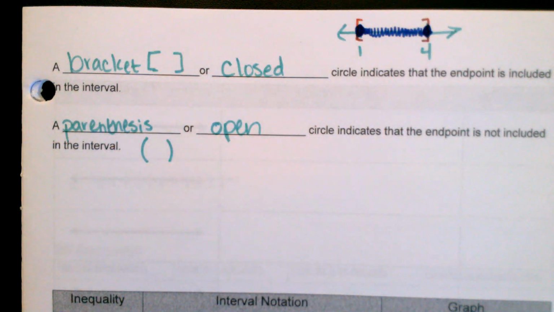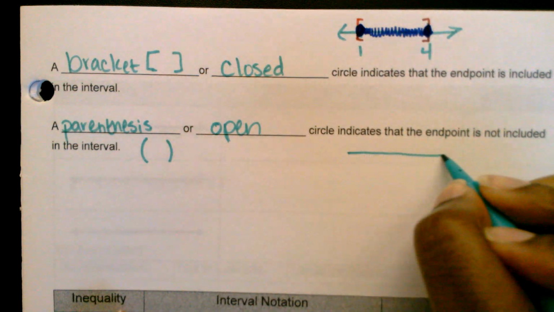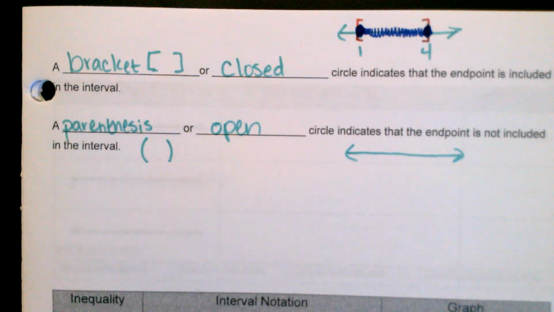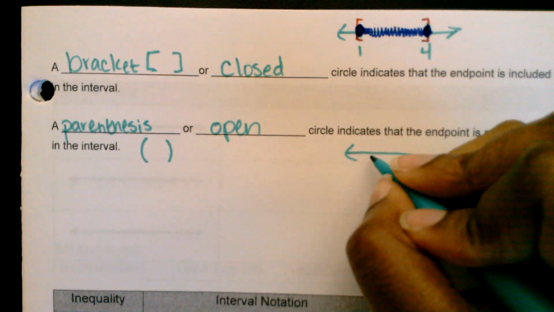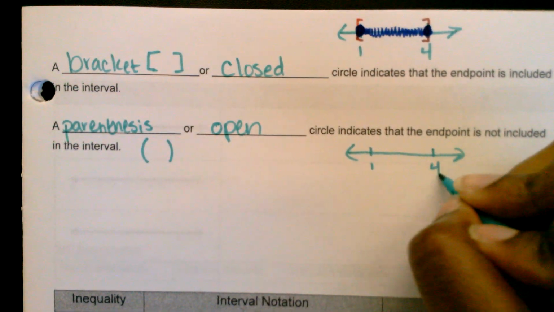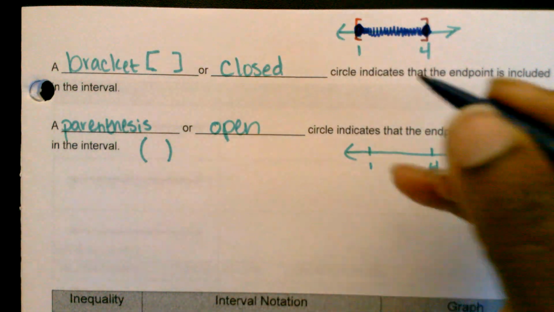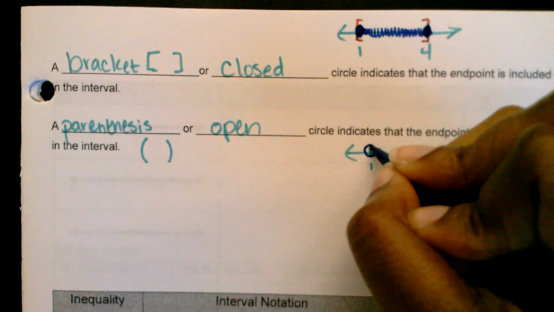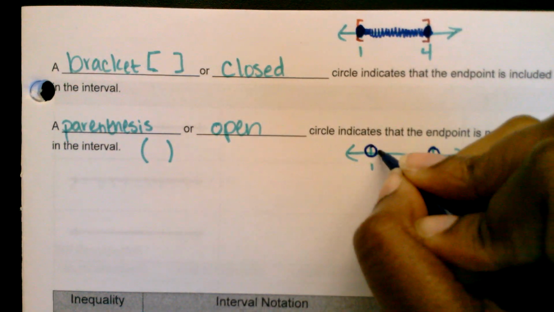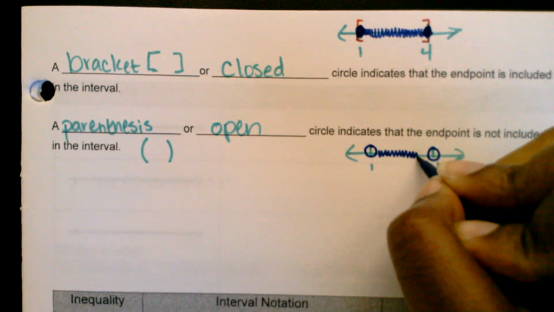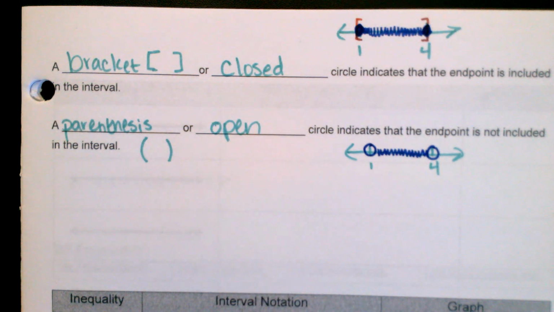So let's use 1 through 4 again. I have 1, I have 4. Those two endpoints are not included in my interval, so I'm going to have an open circle, and then I'm just going to shade. So what I want is what's in between those two, not including the two endpoints.